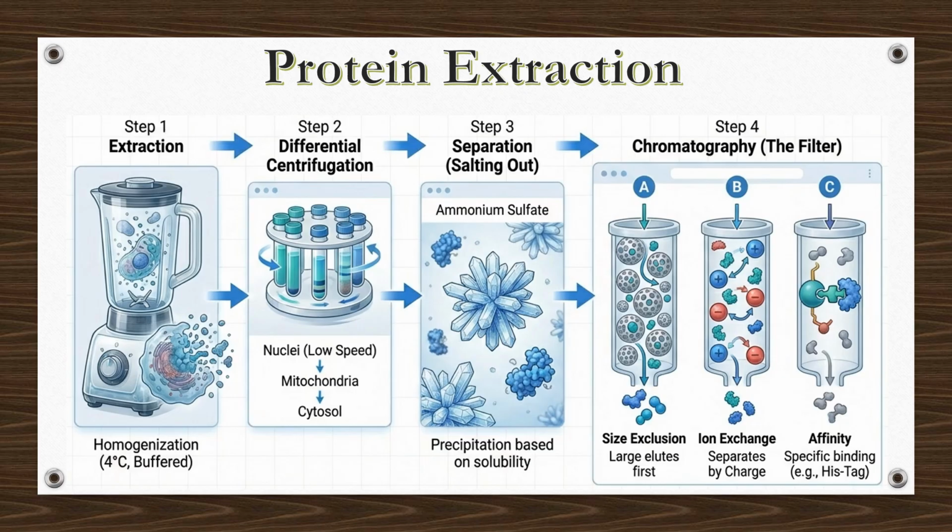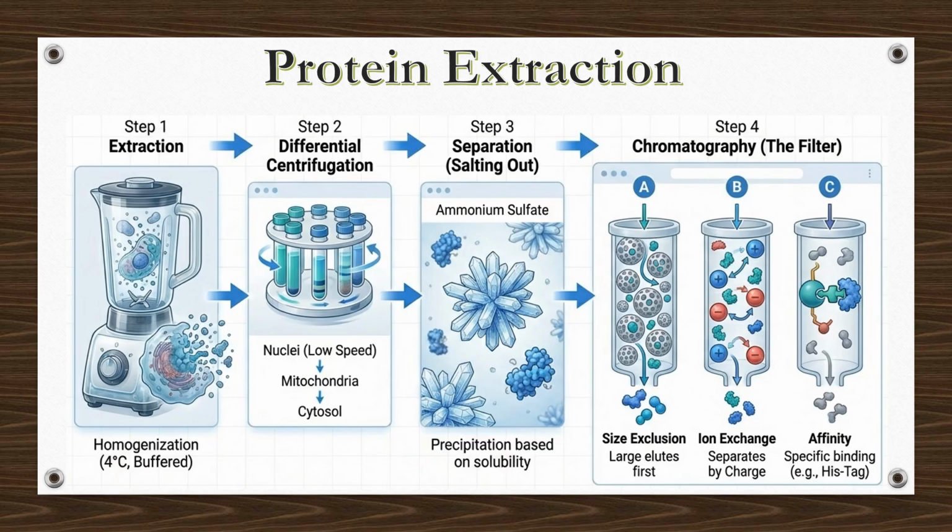Large proteins elute first, small ones later. Affinity chromatography achieves high specificity by immobilizing ligands that bind the target protein. Immobilized metal affinity chromatography is widely used to purify recombinant proteins with histidine tags.